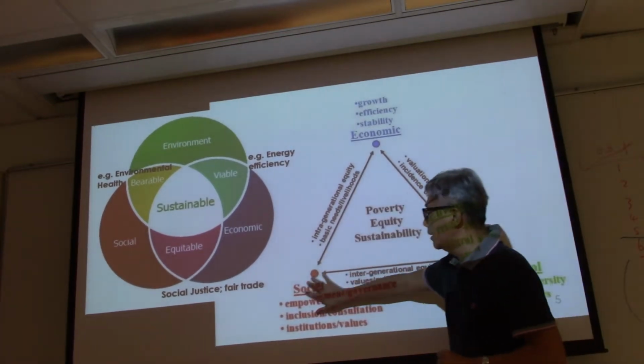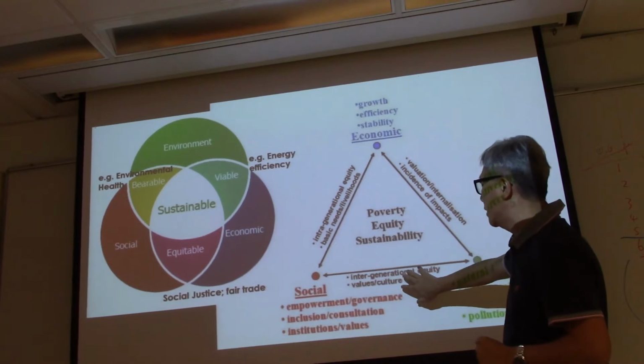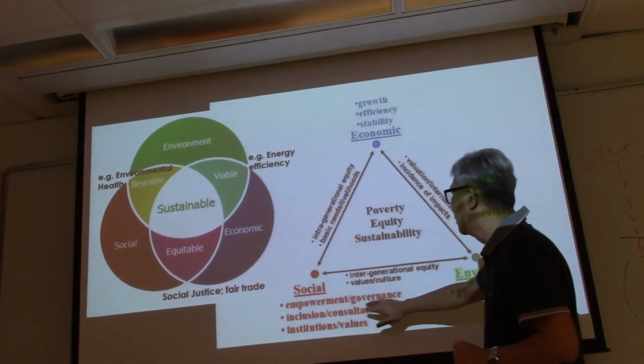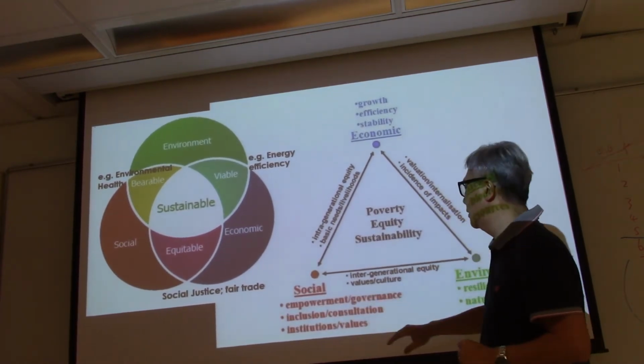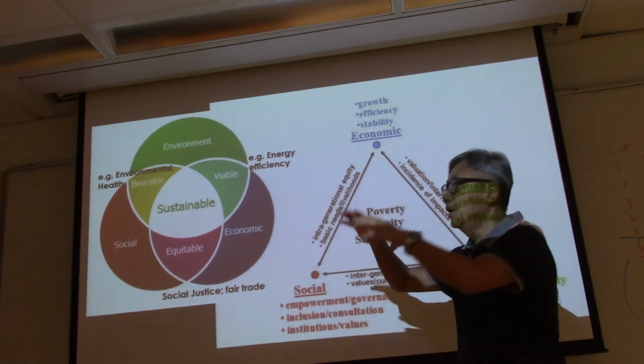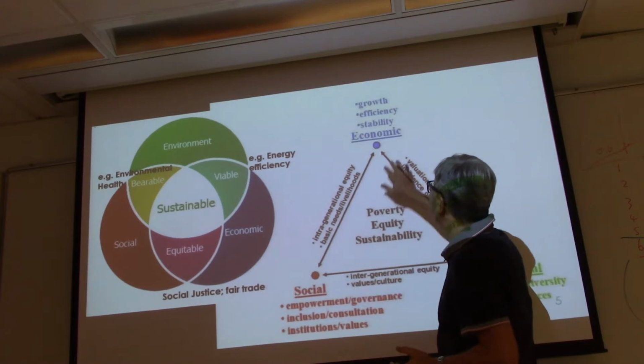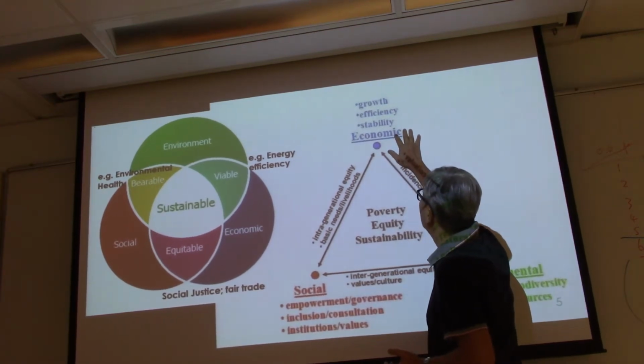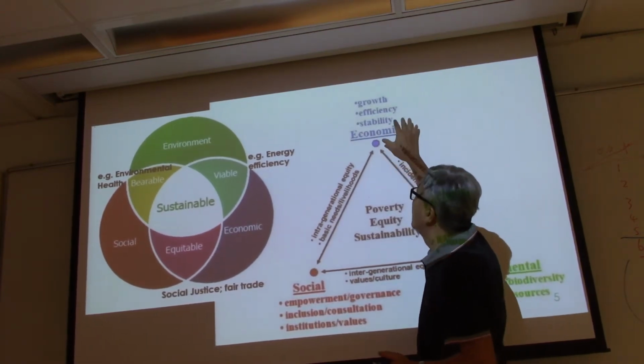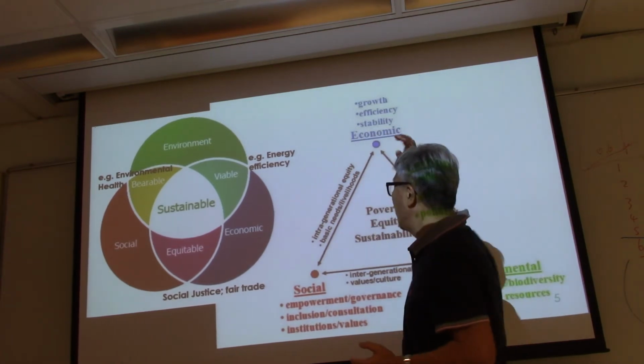And then they detailed down the social sustainability, including the empowerment and governance, and consultation involving many different stakeholders. And then, of course, for economy: economic growth, improved efficiency, the stability, and so on.